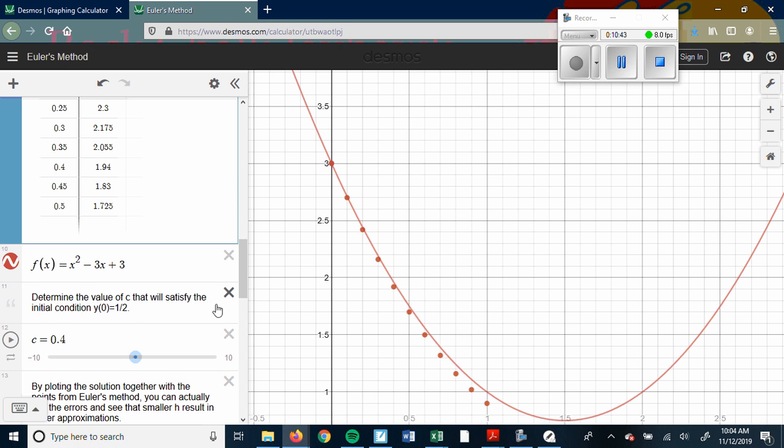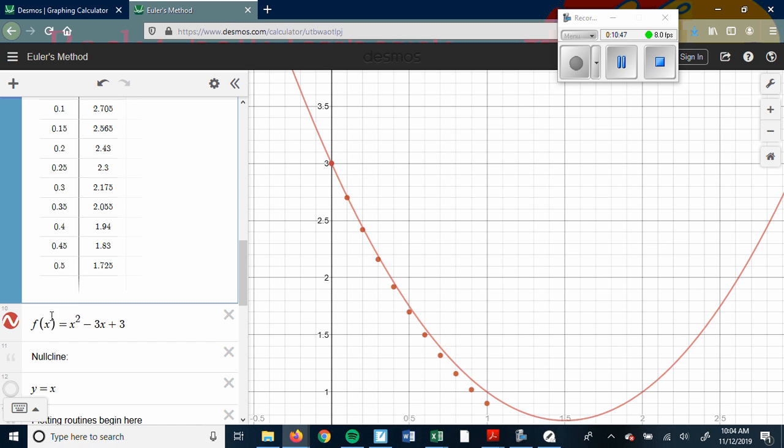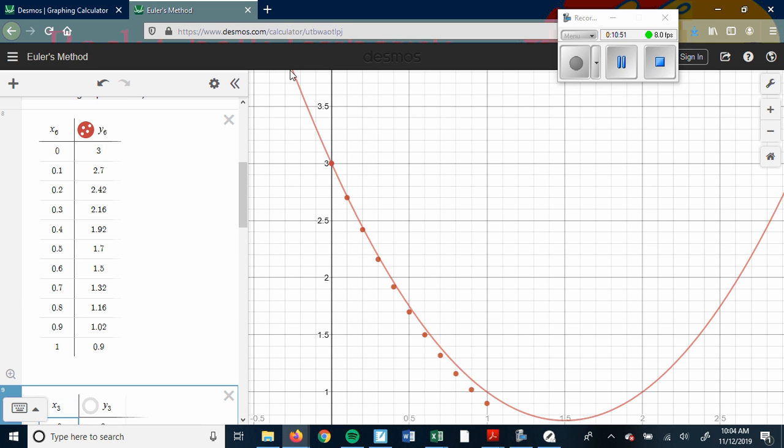This is just using somebody else's stuff. So there is our particular solution. This graph right here is the particular solution. Notice when h is 0.1, early on it's pretty good, but then as we get further and further away, it's not so good.